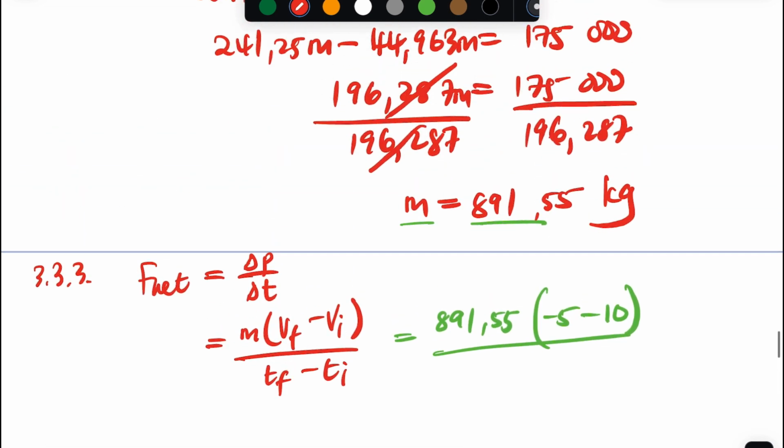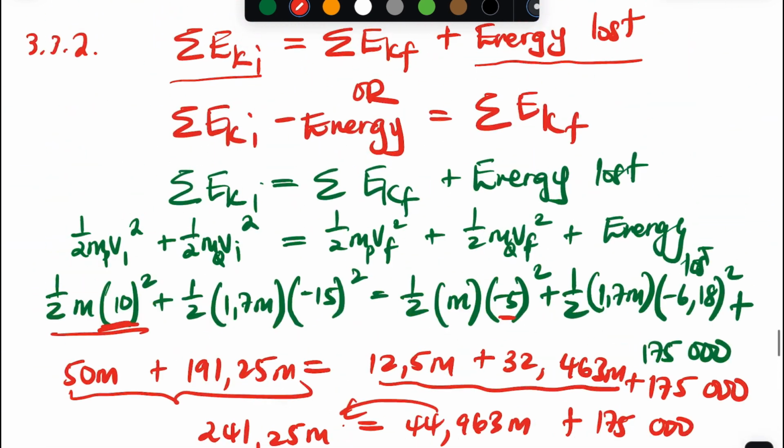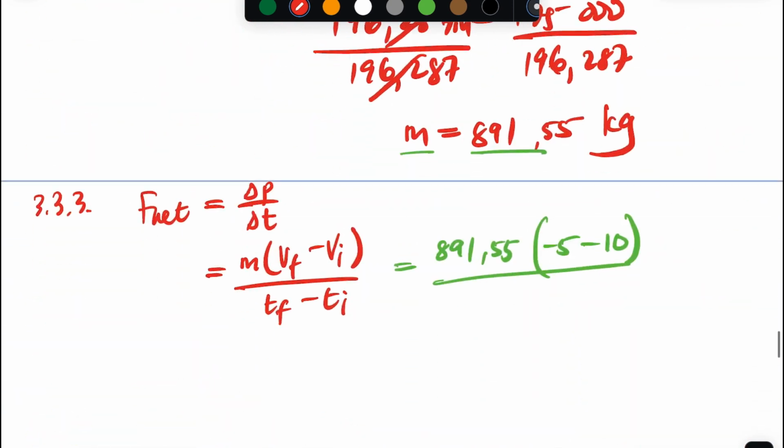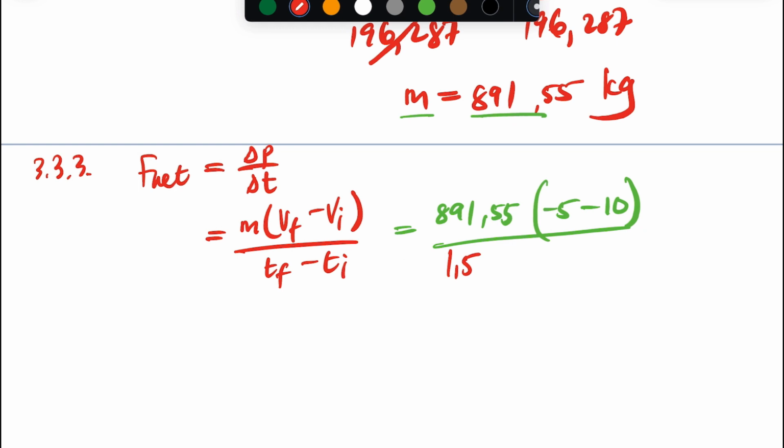So we're going to say the T final is 1.5 minus 1.125, and then we punch everything in the calculator. So it's 891.55, open bracket, -5 minus 10, and then the change in T is 1.5 minus 1.125.